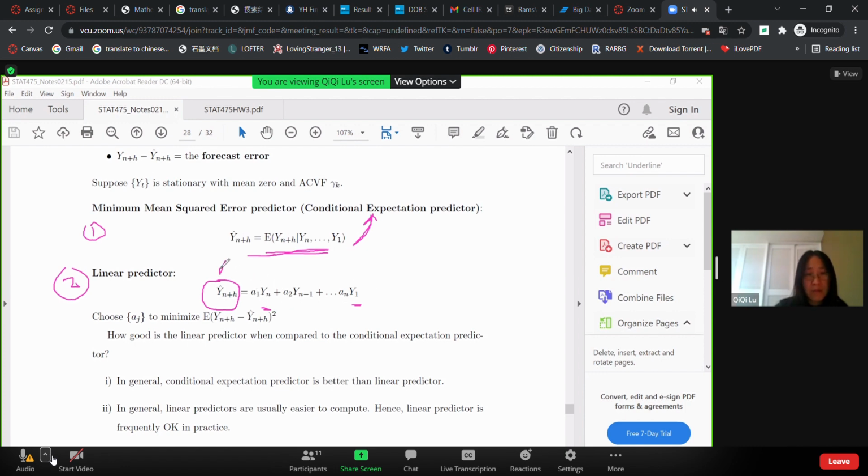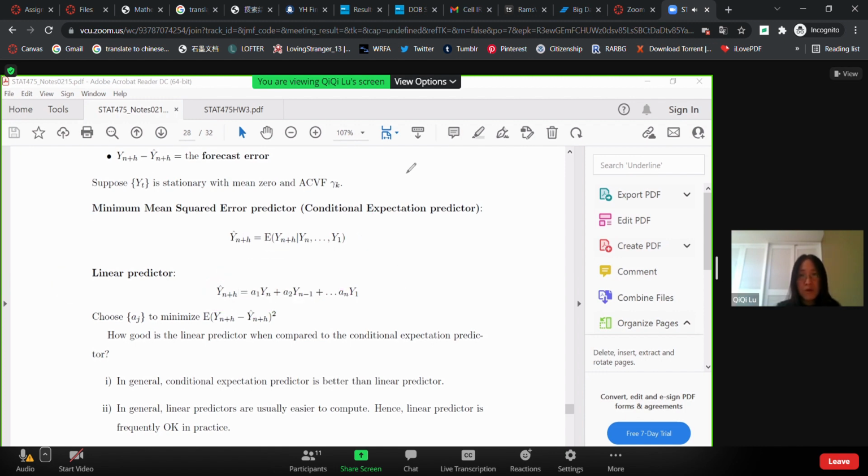If you want to predict tomorrow's high temperature, and YN is today's high temperature, and this is yesterday's high temperature, you may give more weight to today or yesterday, because you think yesterday and today are highly correlated with tomorrow's high temperature, right? And then the question is, how do you determine those coefficients here? This one we call the linear predictor.